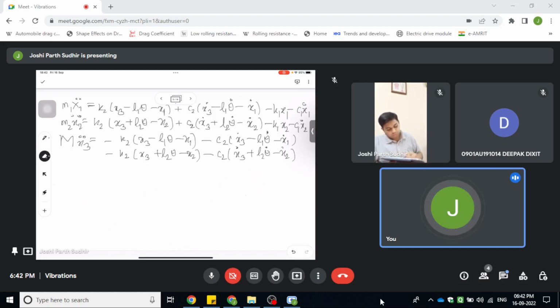So this is the equation of motion for the three masses.